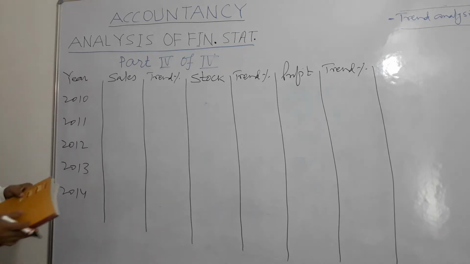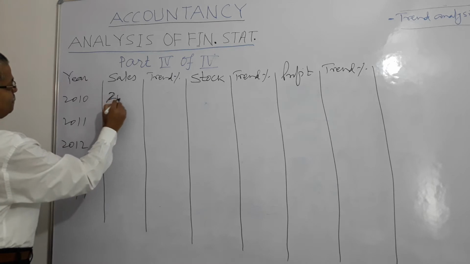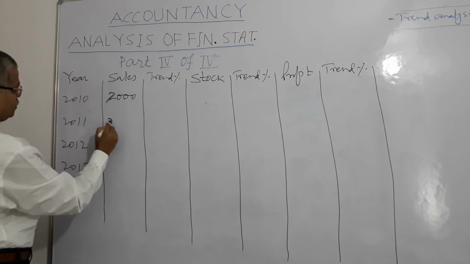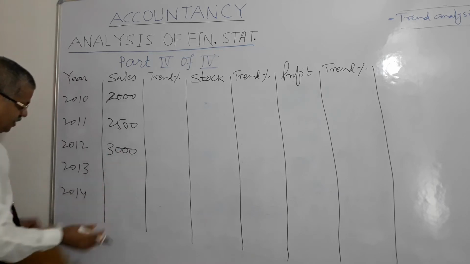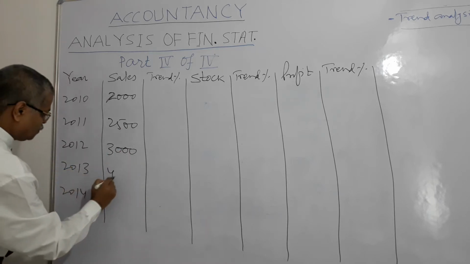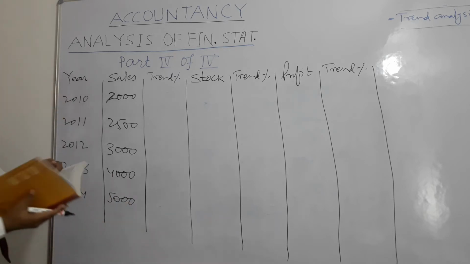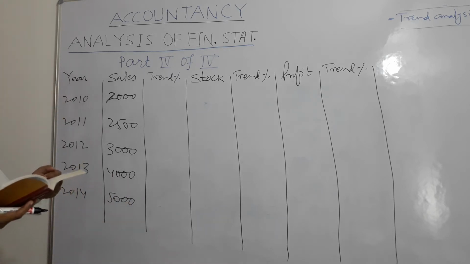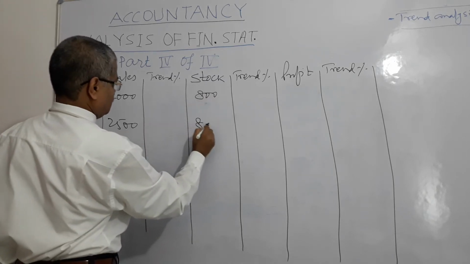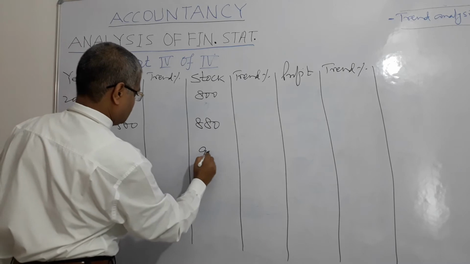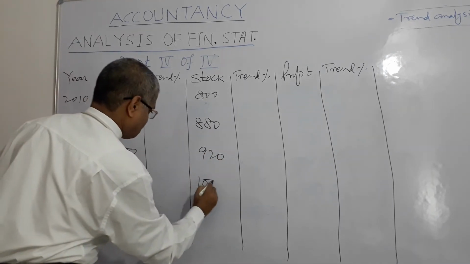And what are the figures? Sales: 2000, 2500, 3000, 4000 and 5000. Stock: 800, 880, 920, 1000, 1200.